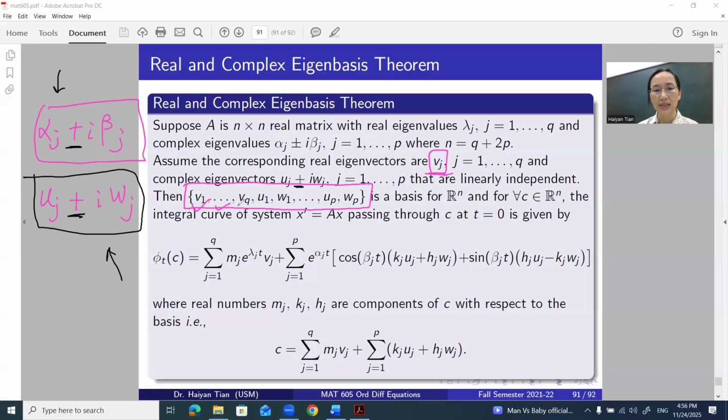They are all listed, a total of q real valued eigenvectors. Remember these vectors may correspond to some repeated eigenvalues. That doesn't matter, we just list all these q eigenvectors.